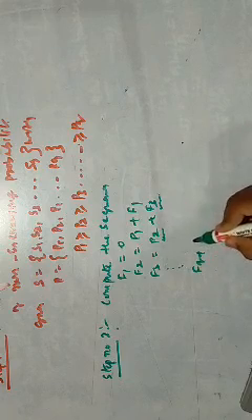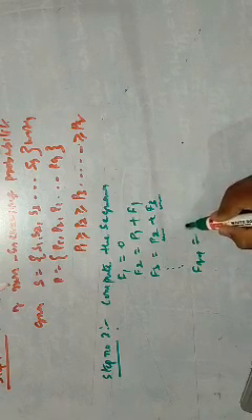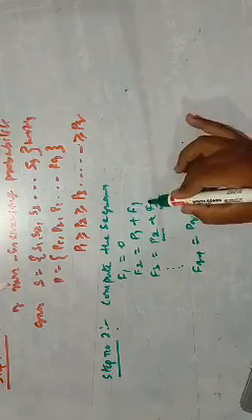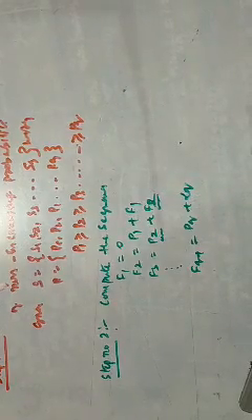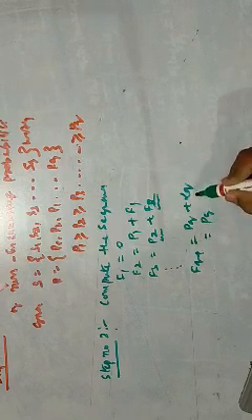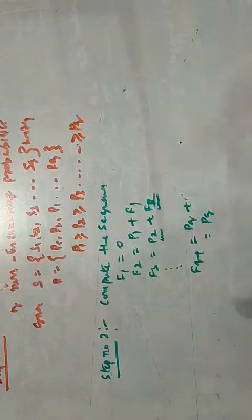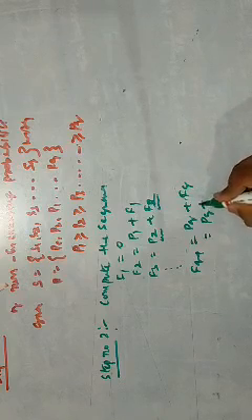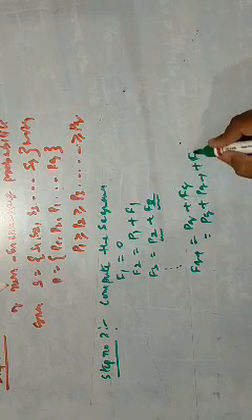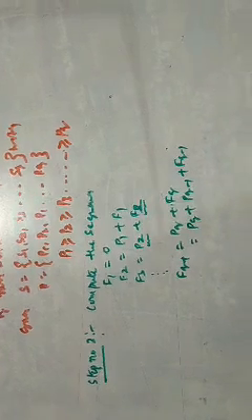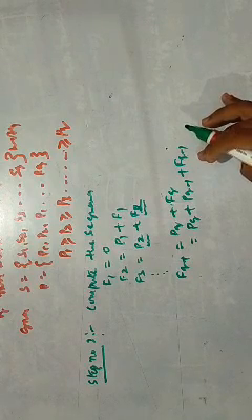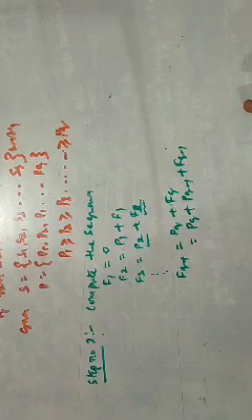F(q+1) is equal to PQ plus Fq. What is Fq? Fq is nothing but P(q-1) plus F(q-1). What is F(q-1)? That is nothing but P(q-2) plus F(q-2), one step behind that. So this is step number 2.